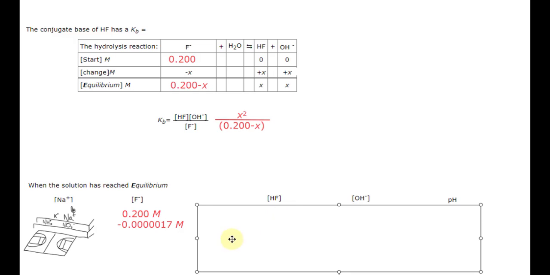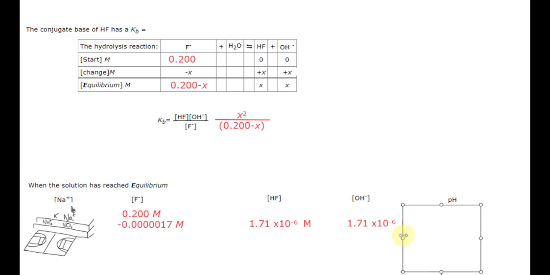Now, what's the concentration of the HF? Well, that was the x that we solved for, and to 3 significant digits, it's 1.71 times 10 to the negative 6 molar. And our hydroxide is going to be the same, 1.71 times 10 to the negative 6.